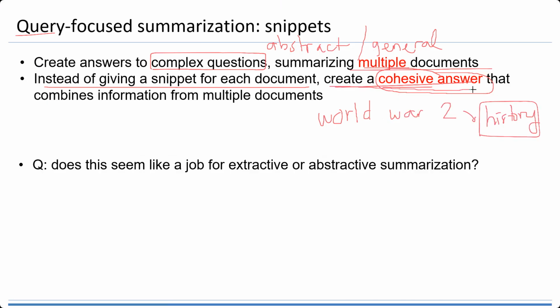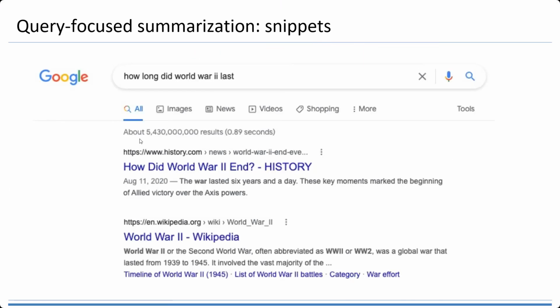So we need to create a cohesive answer that combines information from multiple documents. Maybe in the example that I showed you before, one result is from history.com and another from Wikipedia. It means all the publicly available information is extracted into the answer for the query.